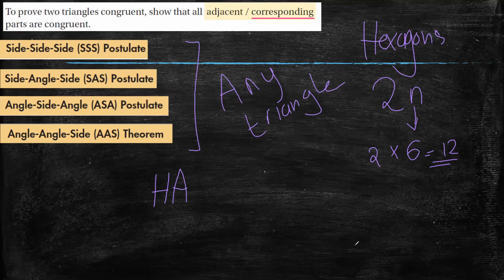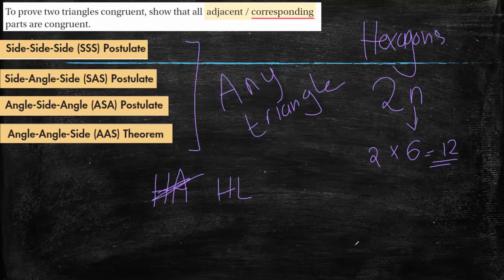This HL is used only in right triangle. So if I want to prove the right triangle, I can use SSS, SAS, ASA, AAS, and HL. All of these 5 theorems or postulates I can use to prove that these 2 right triangles are congruent.